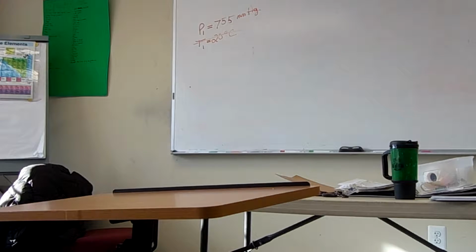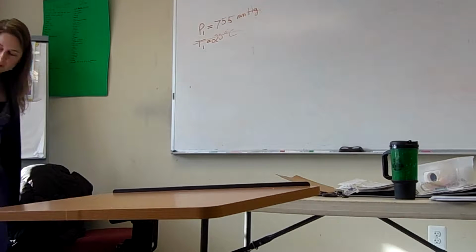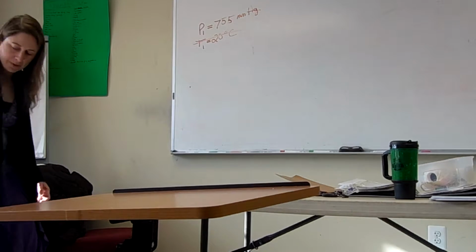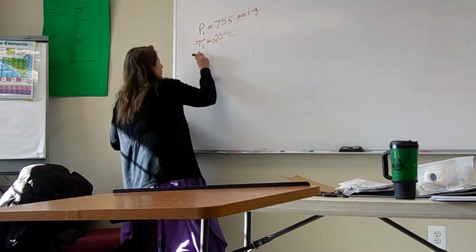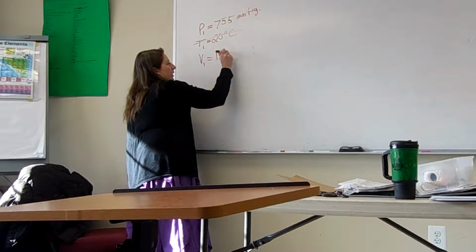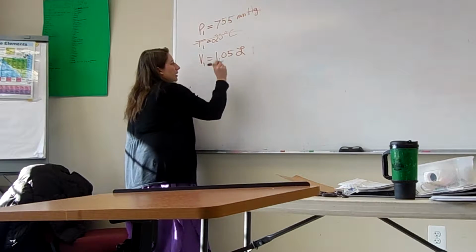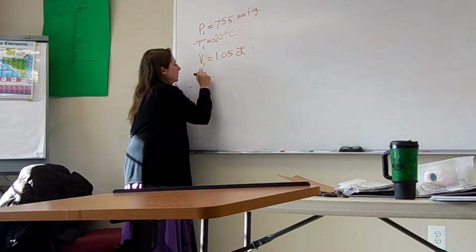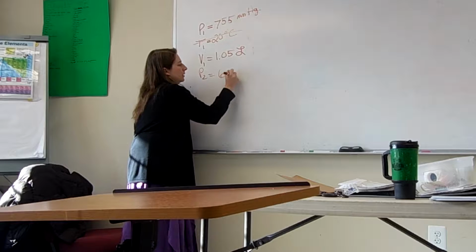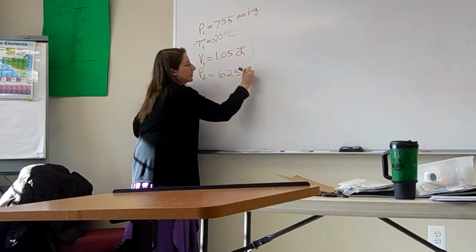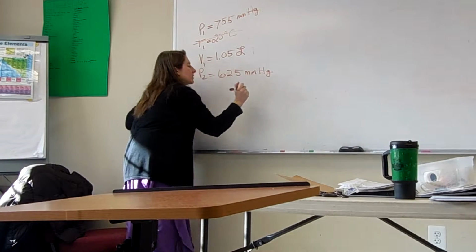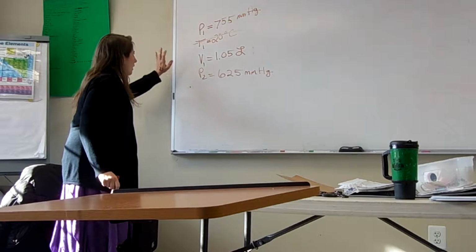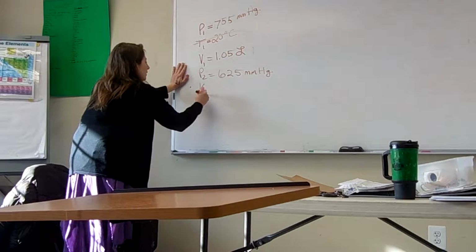If the balloon's original volume was 1.05 liters, what will the new volume be when pressure changes? So V1 is 1.05 liters. And what is the new pressure, Liam? 625, sorry. Millimeters of mercury? Yes. Okay. So we just need to know V2.